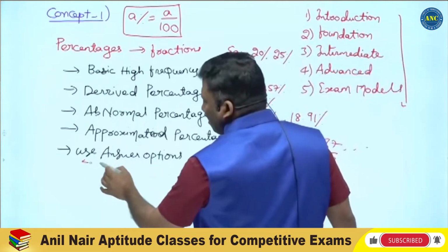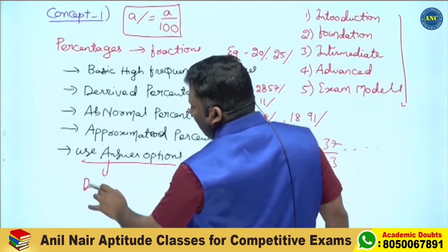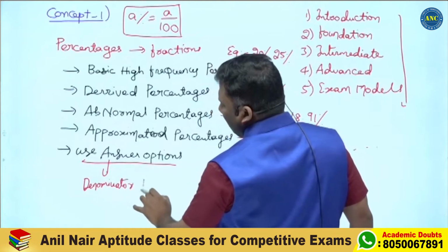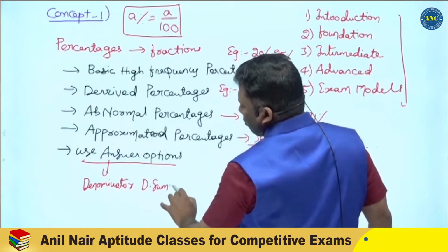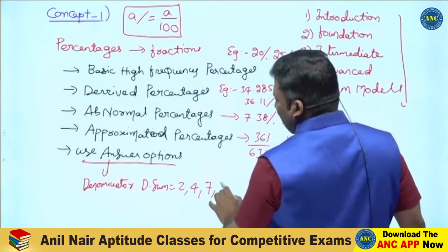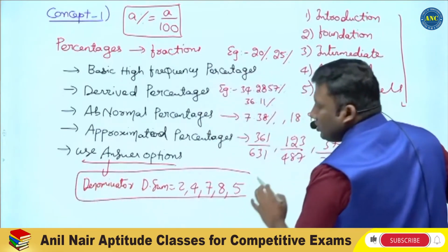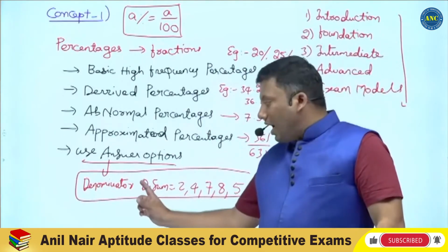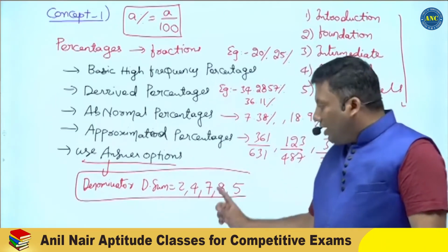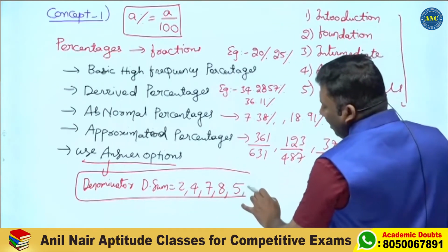Use the answer options. When to use the answer options? If the questions are in fractions, and the denominator digital sum is 2, 4, 7, 8, 5 or 1.